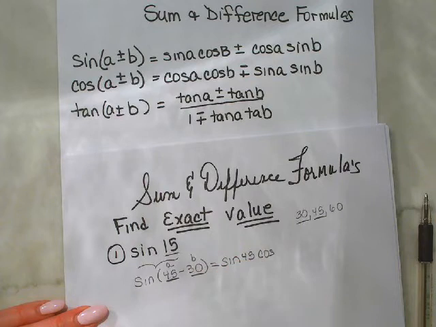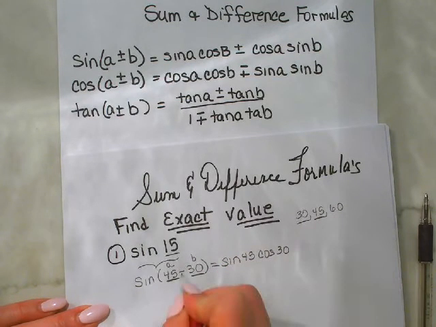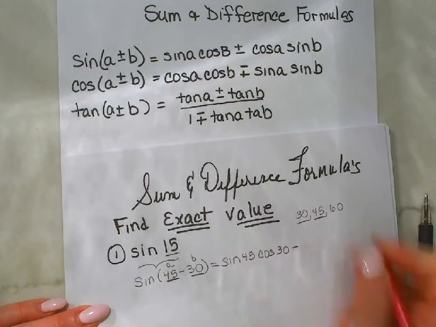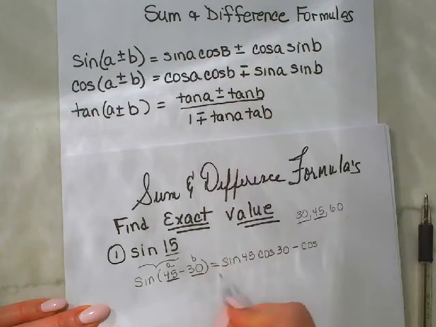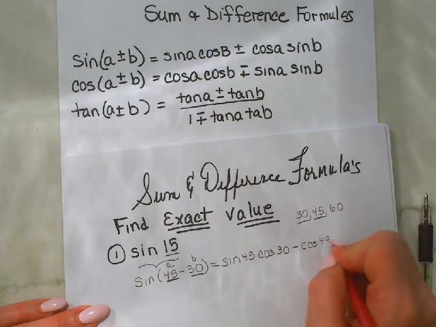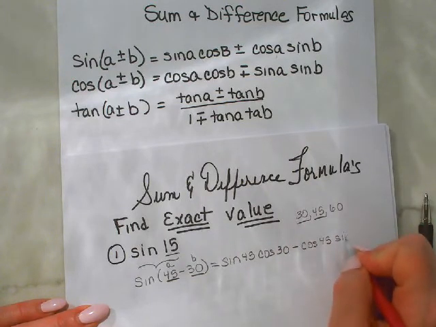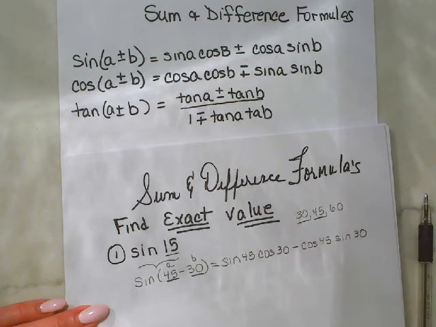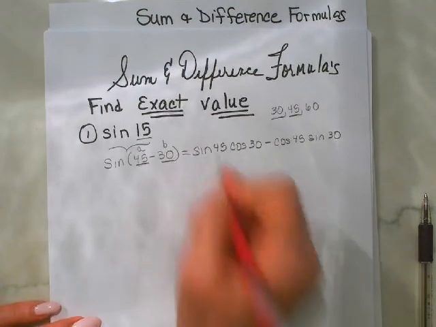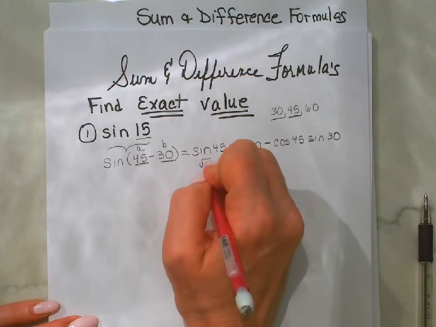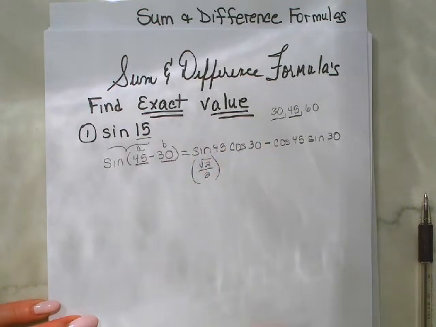This is considered your A angle, and this is your B angle. It's minus, and with sine it's always the same, minus. Then we flip it: the cosine of the A angle, which in this case is 45, times the sine of the B angle, which in this case is 30. Now, I simply simplify. I know the sine of 45 is radical 2 over 2.